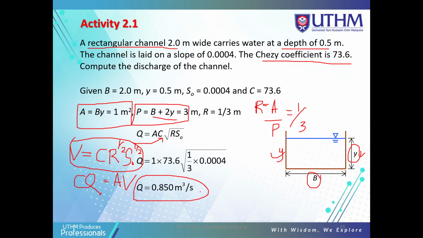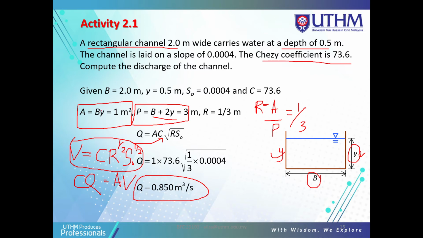Okay, so actually we learn in topic 1 the basic equations that we use to get the area, to get the P, to get the R. So in this topic 2, we use the same equations from topic 1 to determine the value of velocity and also the Q. So you must understand topic 1 and also topic 2, because we use the equations from chapter 1 in chapter 2.